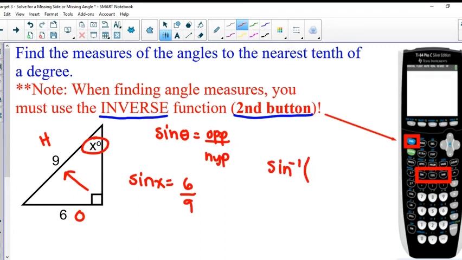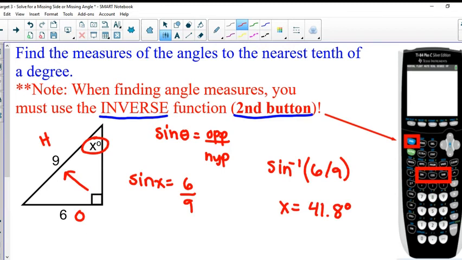You're going to see second sine, and then you're going to type in 6 divided by 9. You're going to get that x equals 41.8 degrees.